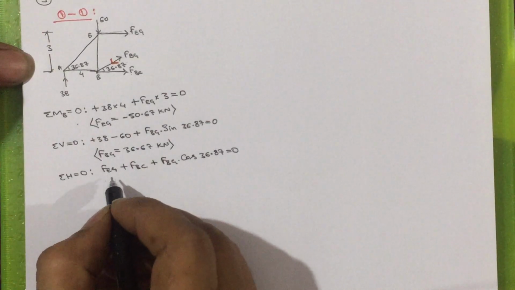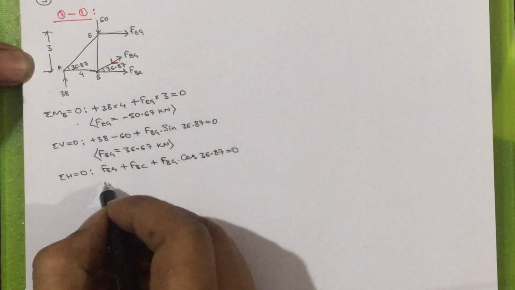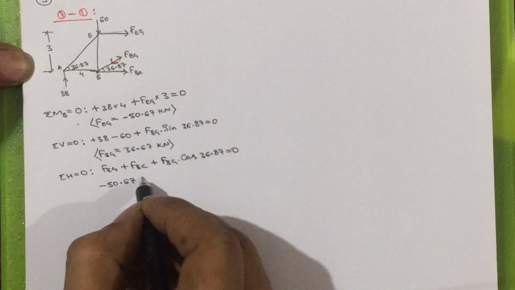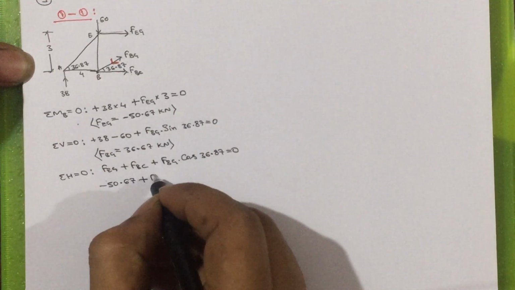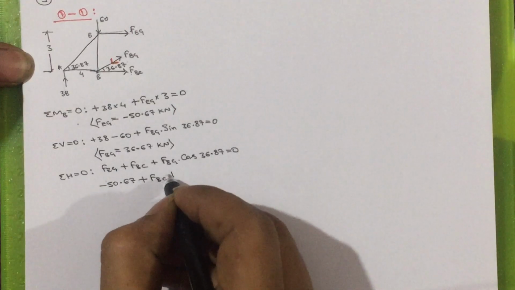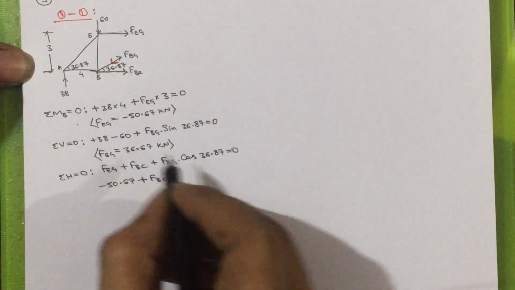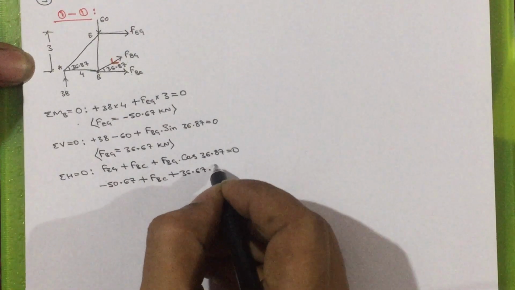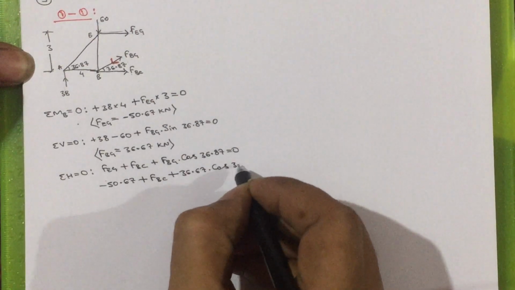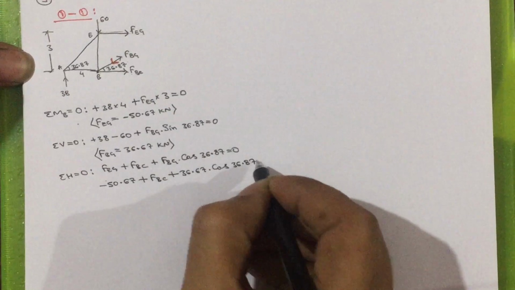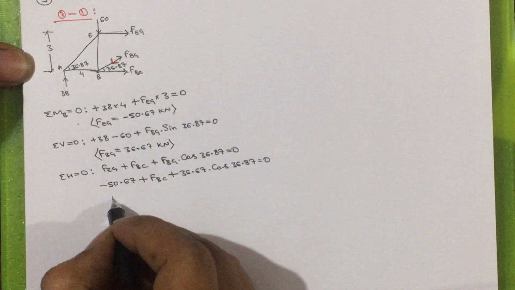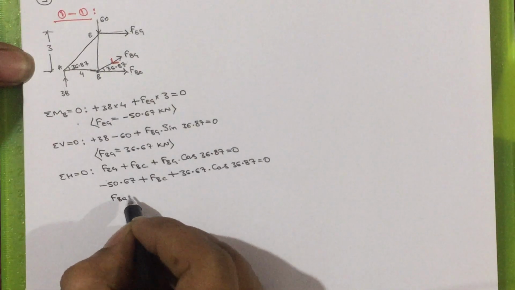You have calculated the FEG, that is minus 50.67 plus FBC we do not know, plus FBG, that is 36.67 into cos of 36.87. Just I substituted the values. Here the unknown is FBC, so you will get the value directly.